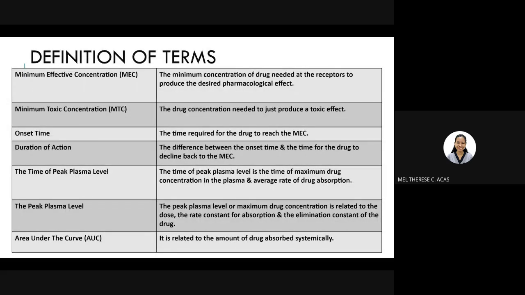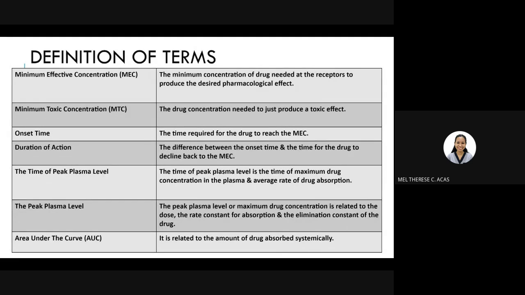I have some definition of terms to present. This is a refresher for us. The minimum effective concentration, or MEC, is the minimum concentration of the drug needed at the receptors to produce the desired pharmacological effect.